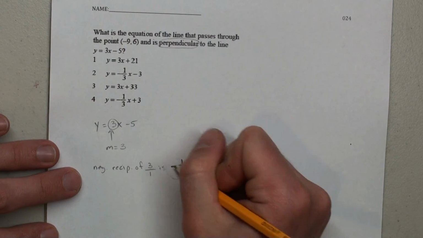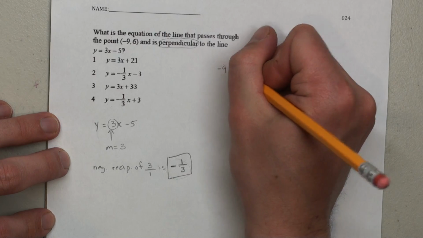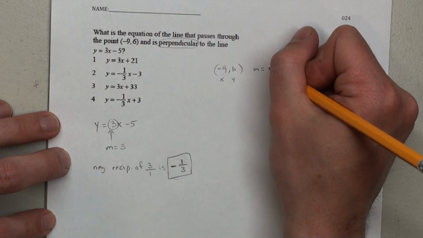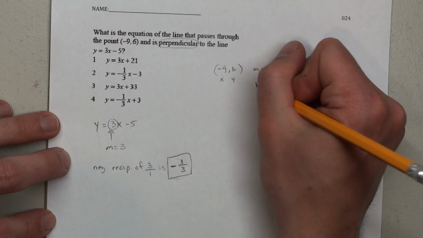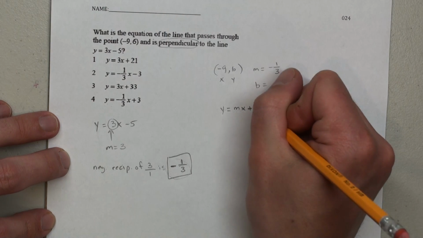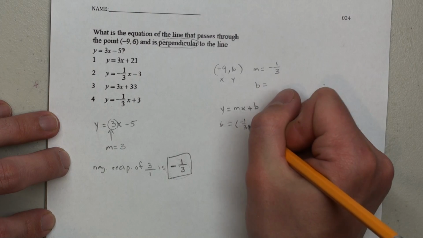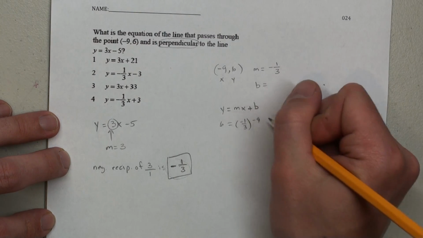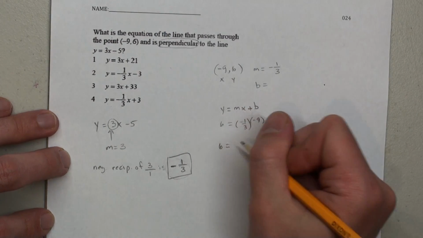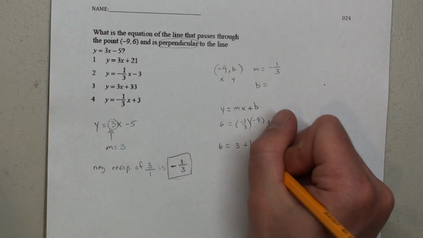Negative 1/3. So I got negative 9 comma 6, which is my x and y. I got my m, which is negative 1/3. I still need my b. I can find that by using y equals mx plus b. y is 6. m is negative 1/3. x is negative 9. 6 equals, this turns out to be 3 plus b.